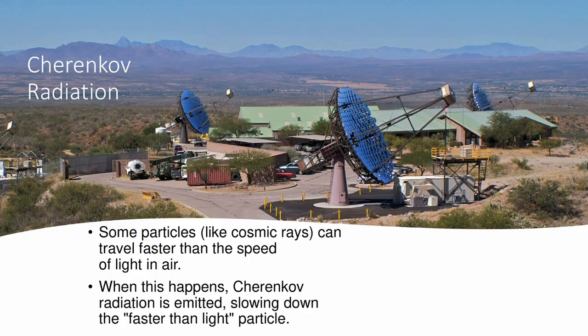And you can get things like cosmic rays traveling faster than the speed of light in air. When that happens, you get Cherenkov radiation. So that particle will start to emit a blue photon, and it will emit those photons until it slows down enough that it matches the speed of light in that medium.